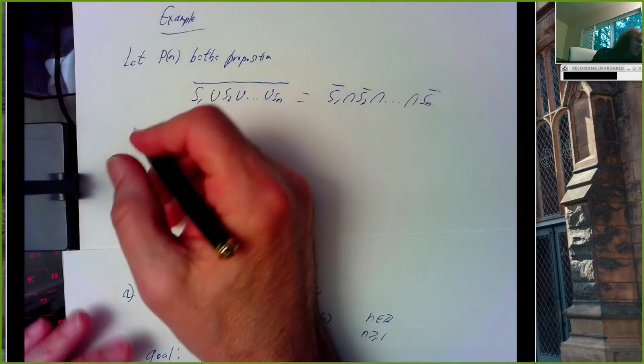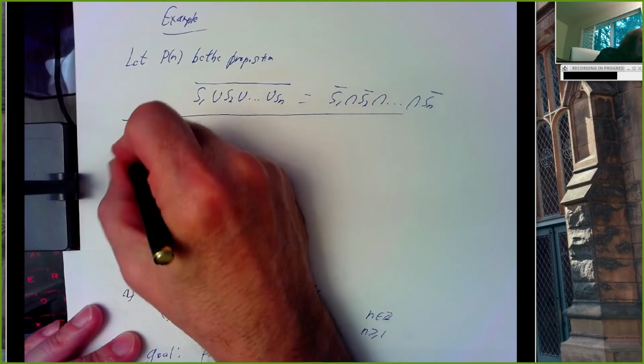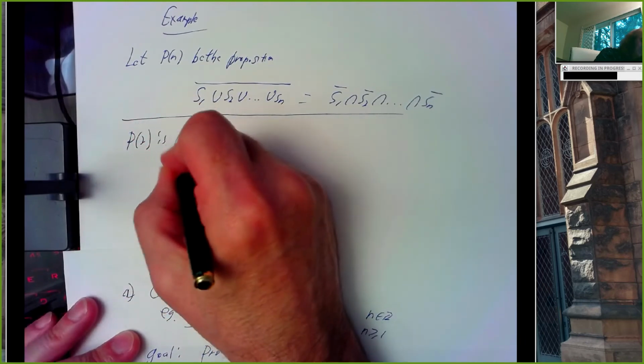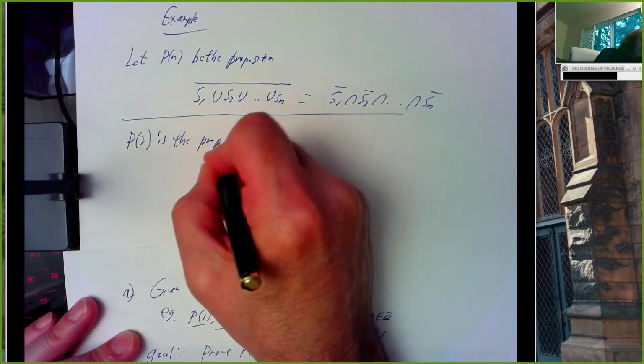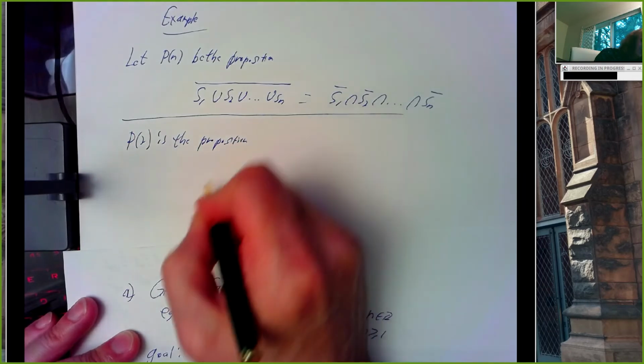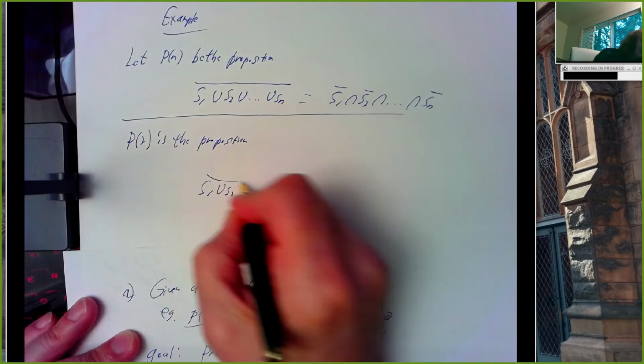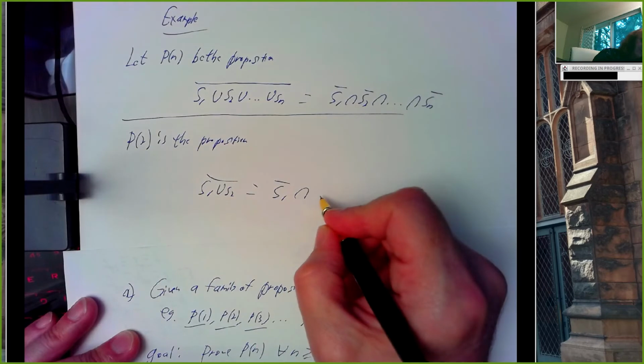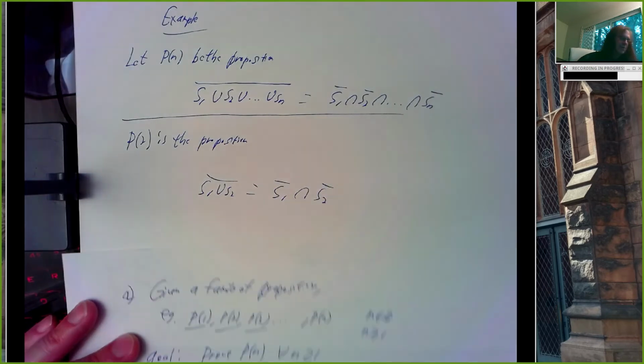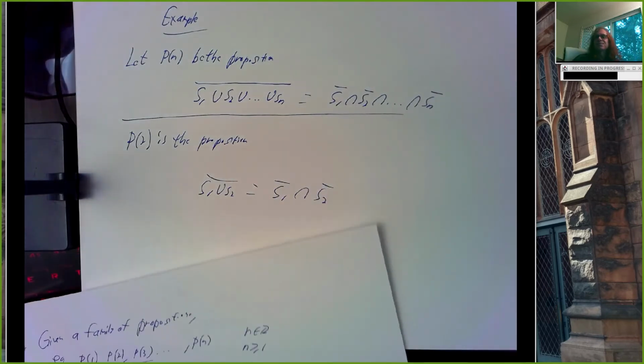So for example, P of 2 is the proposition S1 union S2 bar is the same thing as S1 bar intersected with S2 bar. It's plain old De Morgan's theorem.